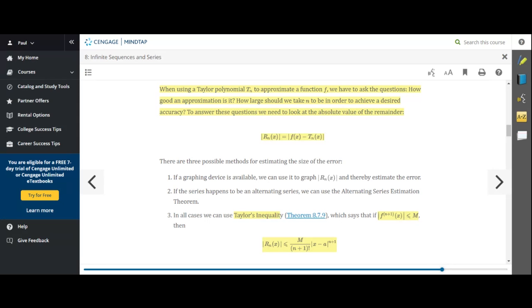Okay. And Snega remembers. Thank you. So this is really the same kind of thing. You have a bound on your error given by M over n plus 1 factorial times the absolute value of x minus a to the n plus first power. So M is the hard part, finding that value of M.